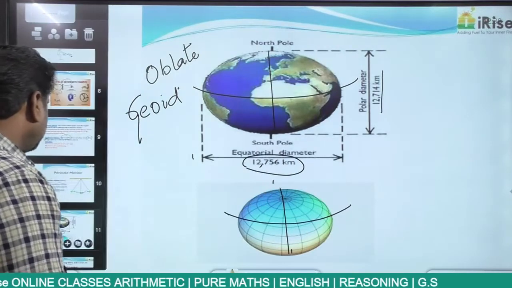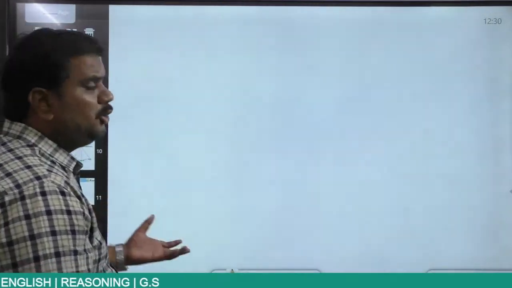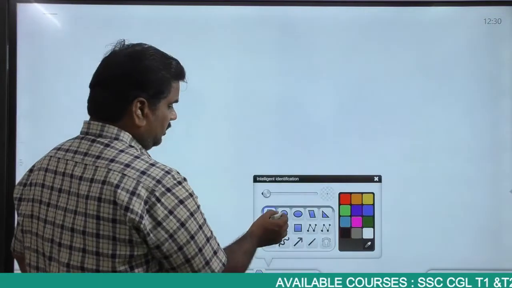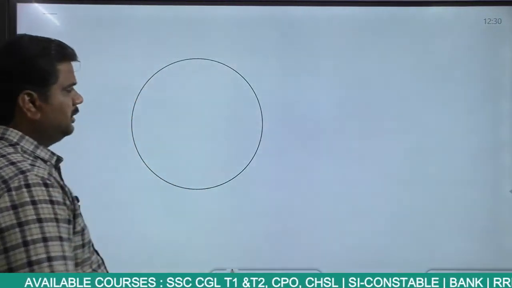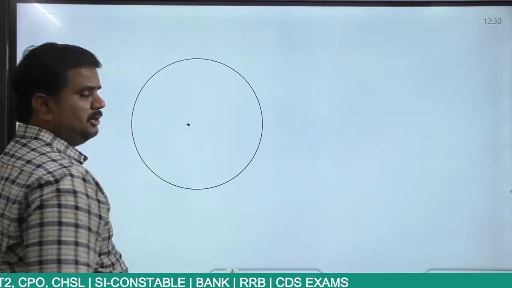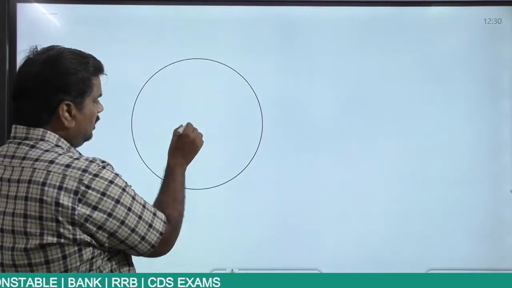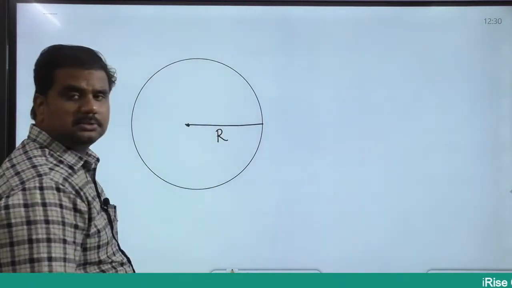Now, based on this parameter, the value of G changes. Suppose you take the case of Earth, a spherical shape. If this is the center of Earth, from the center to this particular point, this is what you call the radius.